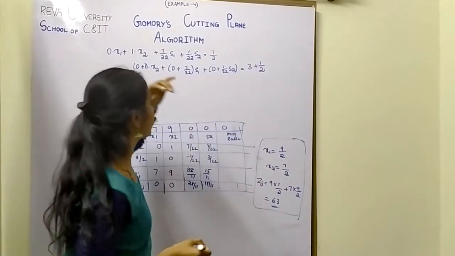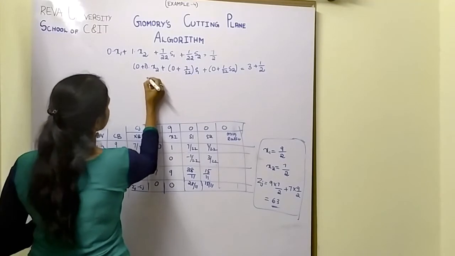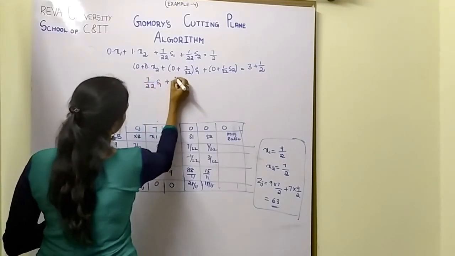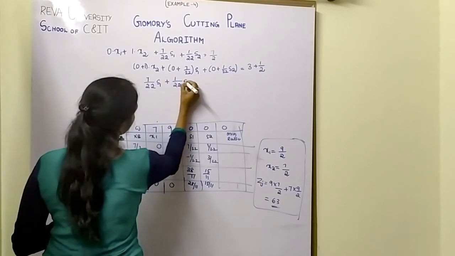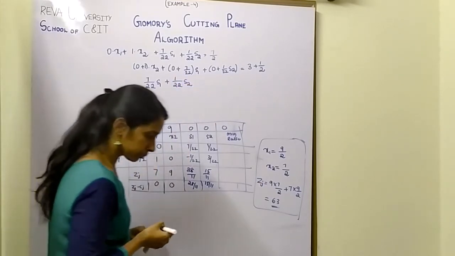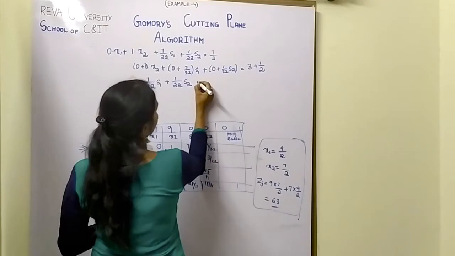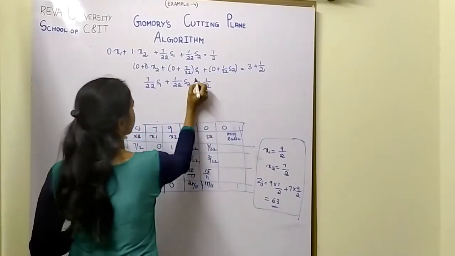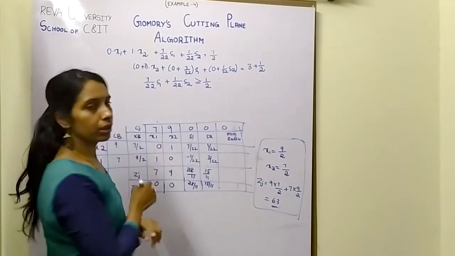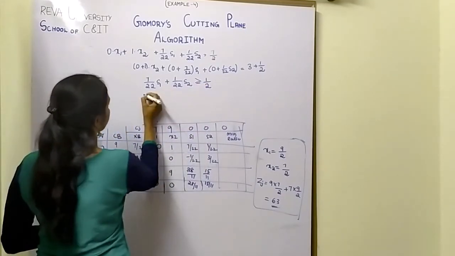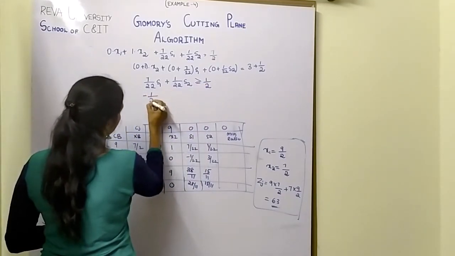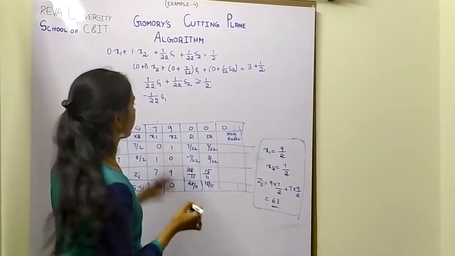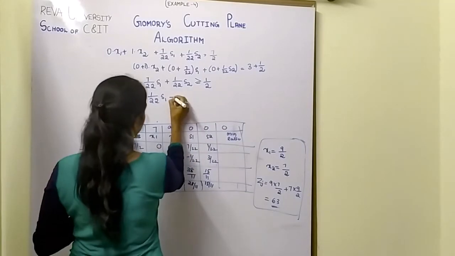Again consider only the fractional part. So this becomes 7 divided by 22 s1 plus 1 divided by 22 s2 equal to 1 by 2. As we know, always this will be greater than or equal to. So what we have to do is convert this into less than or equal to by multiplying minus 1 on both RHS and LHS.